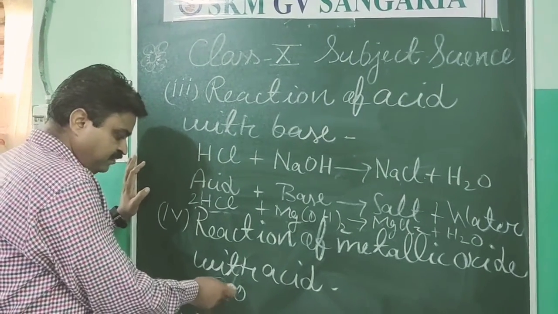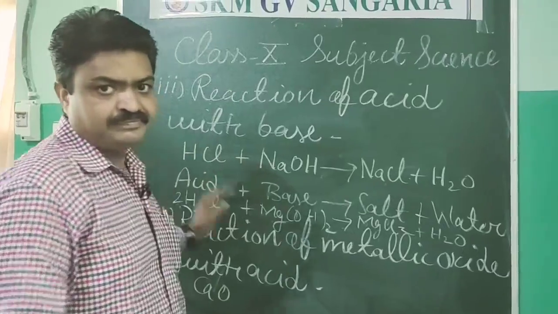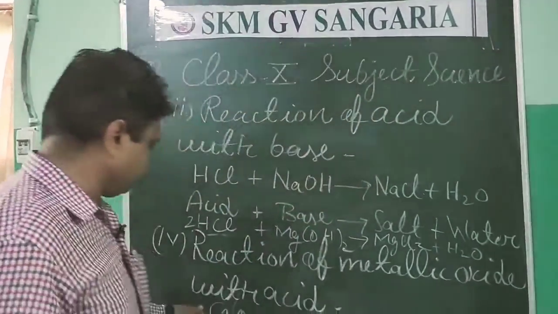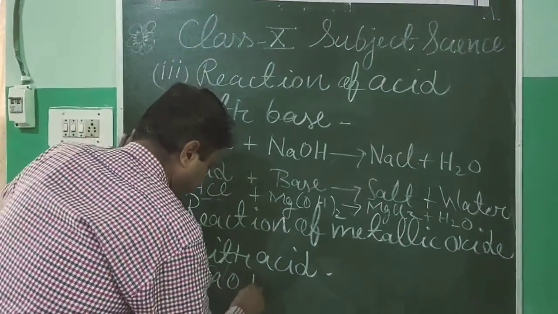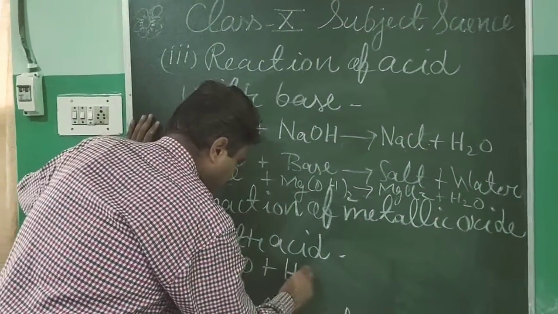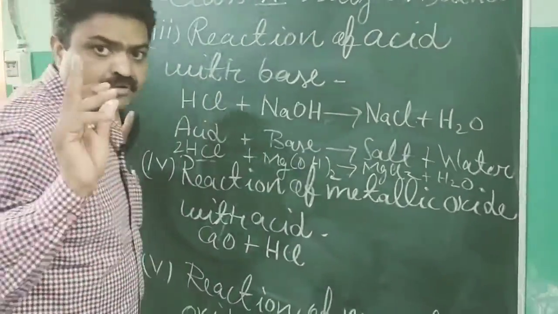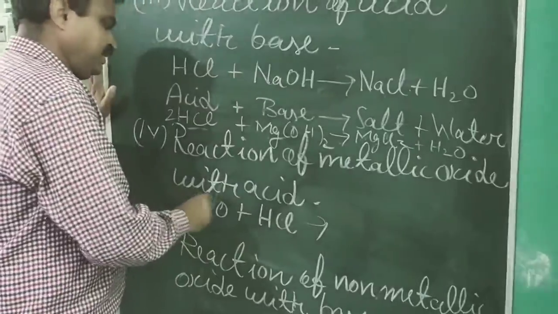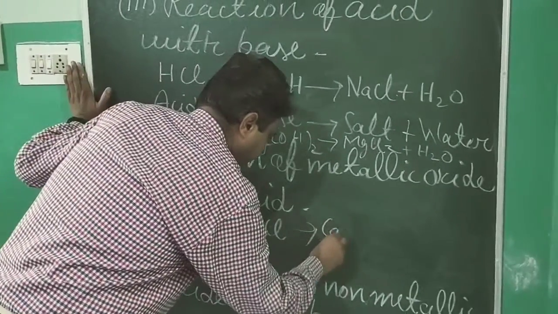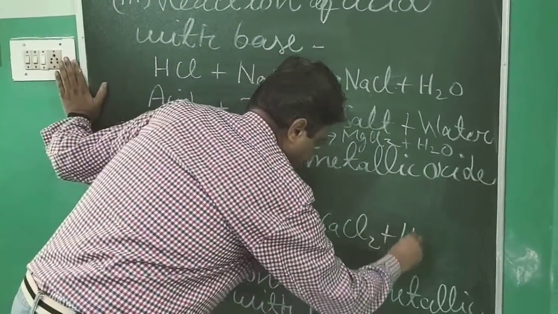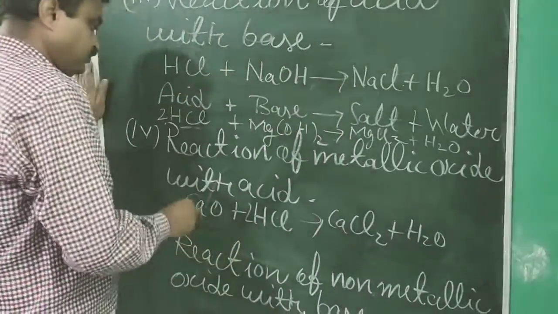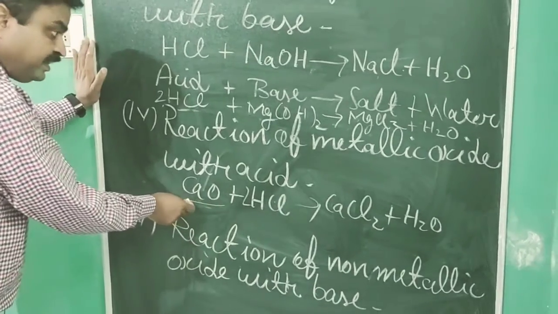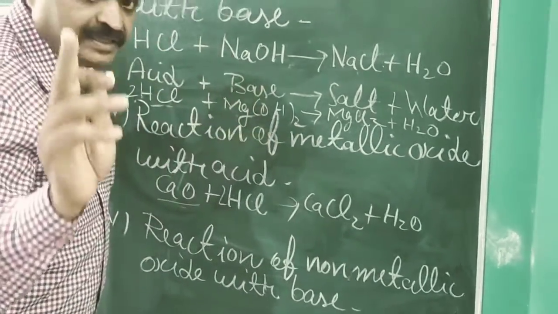When this quicklime is reacted with hydrochloric acid, then what do we get? We get CaCl2 plus H2O.